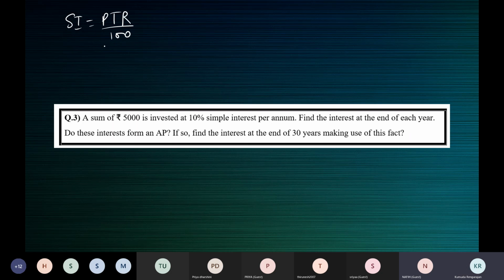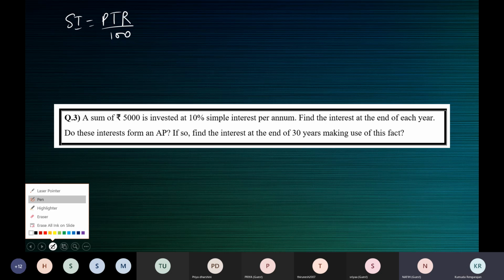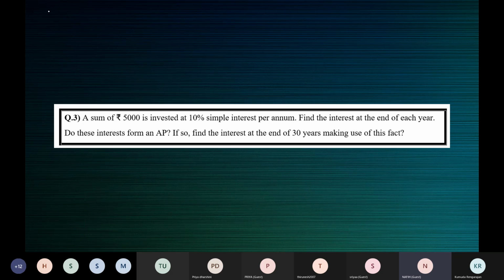Principal into time into rate by 100. So simple interest at the end of the first year, SI1, will be equal to principal 5,000 into time 1 year into rate 10% by 100. So two zeros cancel and you get rupees 500.